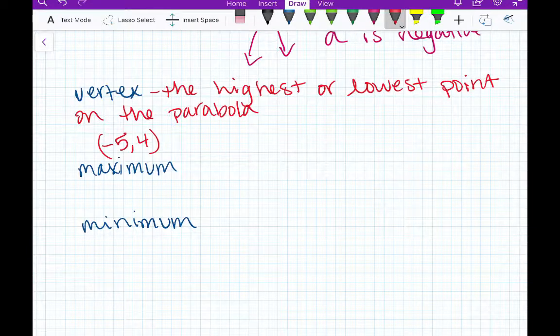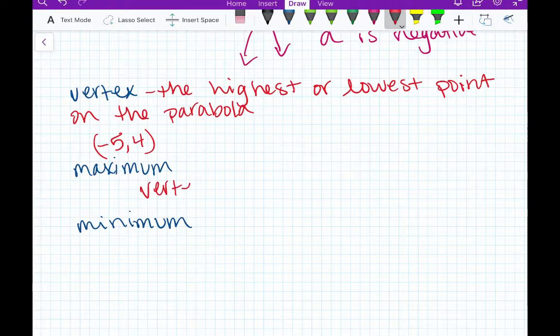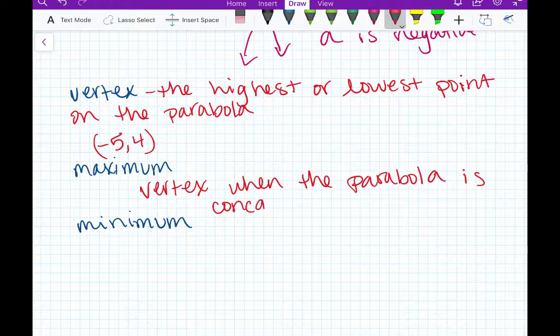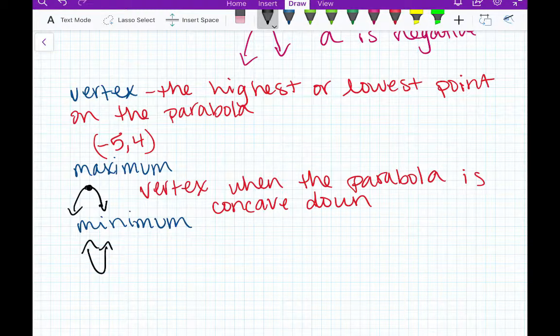Maximum and minimum are related to the vertex. So the maximum is the vertex when the parabola is concave down. So if my parabola looks like this, then my vertex, notice, is a maximum. When my parabola looks like this, my vertex, the highest or lowest point, is a minimum, because if it goes up forever, that can't be the maximum.